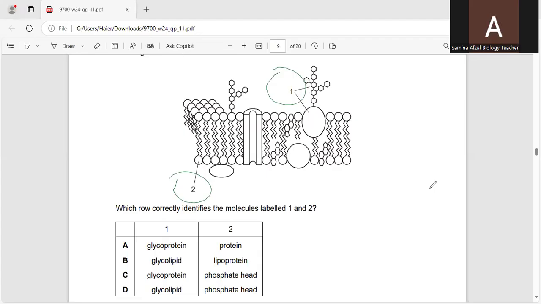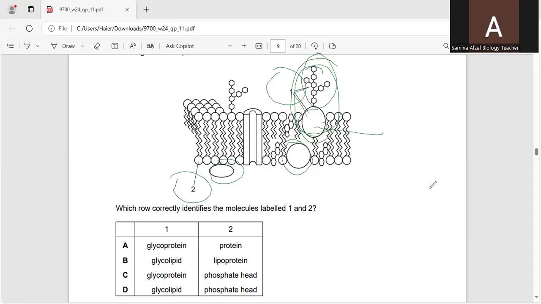And here you can see, students, they have given us glycoprotein and protein. It is protein, it is protein, and it is protein. But they have asked about this one. So it is protein and it is carbohydrate.